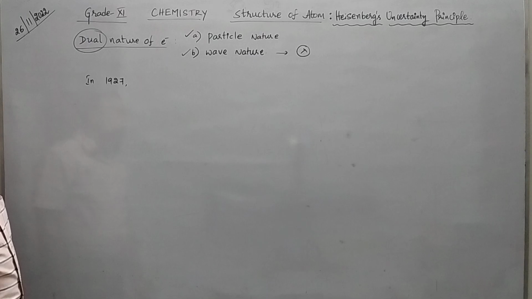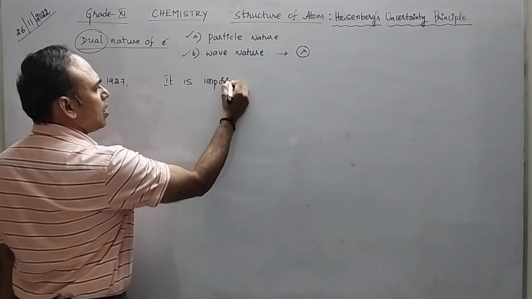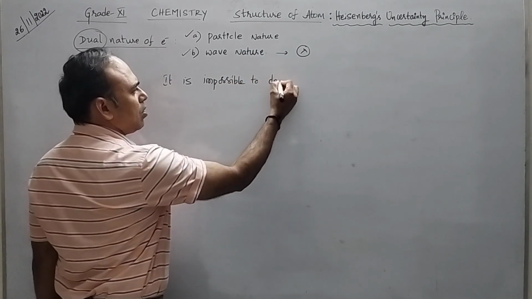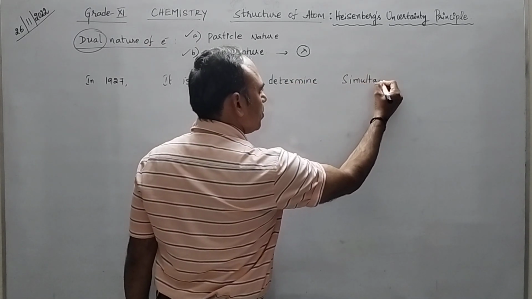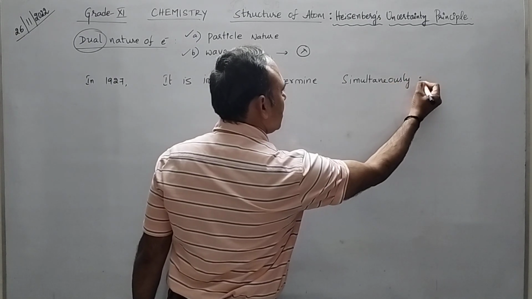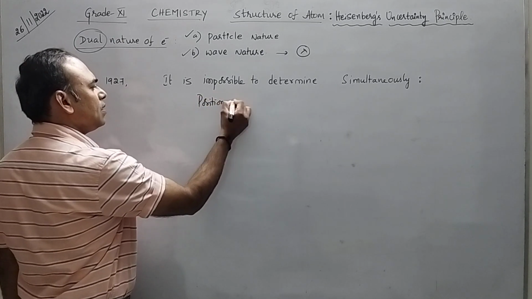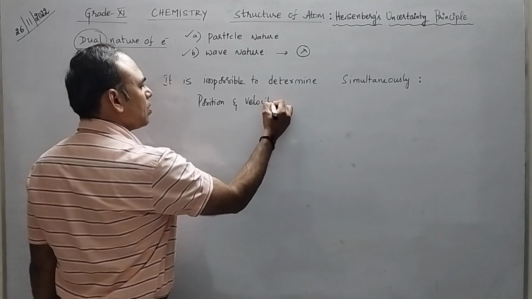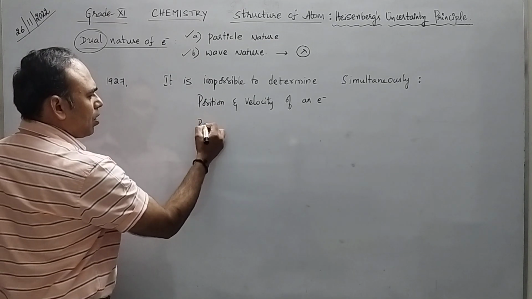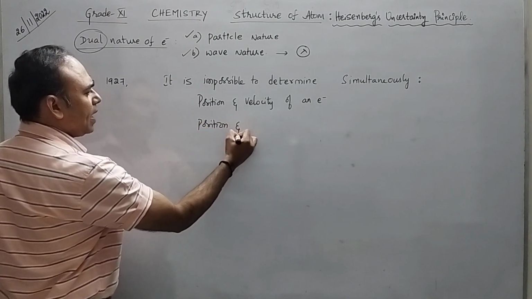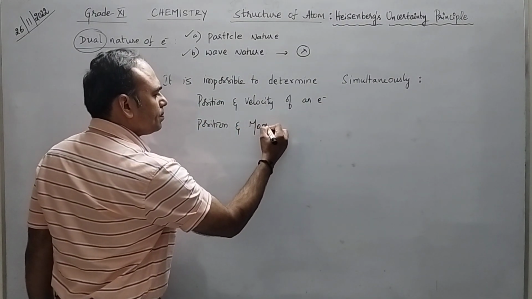According to him, it is impossible to determine simultaneously what we cannot determine simultaneously: position and velocity of an electron or any subatomic particle, or you can also say we cannot identify or determine simultaneously the position and momentum of an electron.